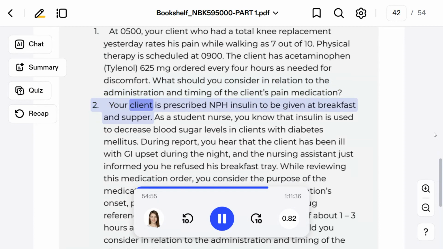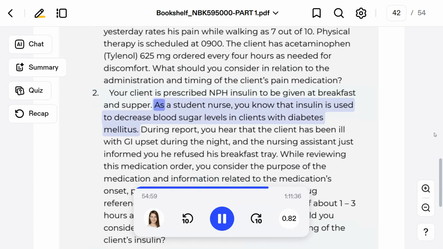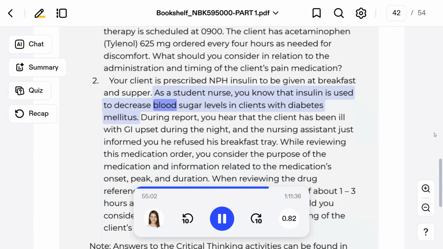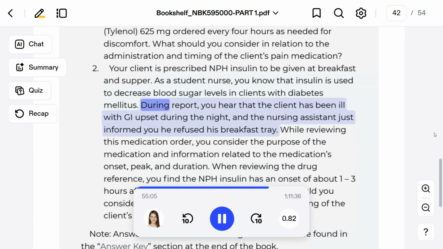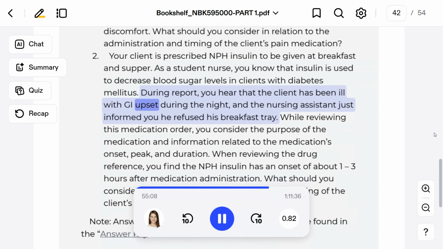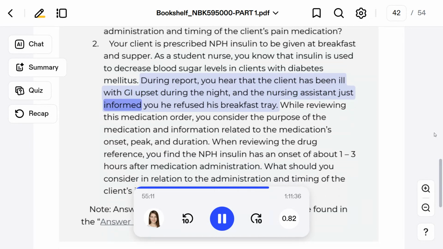2. Your client is prescribed NPH insulin to be given at breakfast and supper. As a student nurse, you know that insulin is used to decrease blood sugar levels in clients with diabetes mellitus. During report, you hear that the client has been ill with GI upset during the night, and the nursing assistant just informed you he refused his breakfast tray.